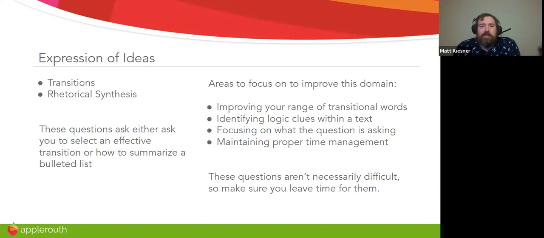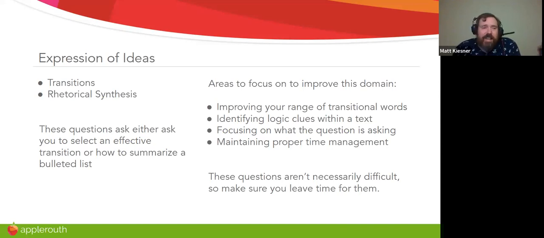But learning transitional words and phrases is definitely high value, because they also show up in the logic for other sections. Words in context will often say, it was like this, however, it became blank. And so you'd have to know that you need something for contrast.